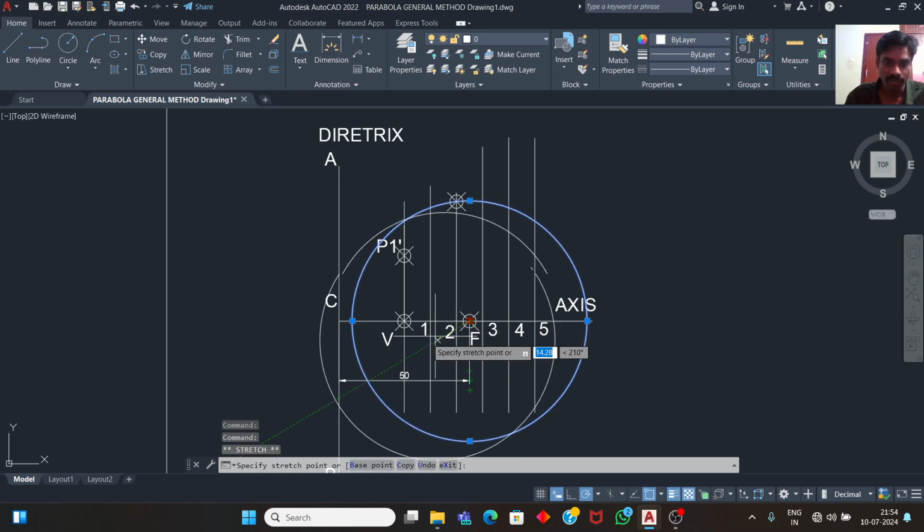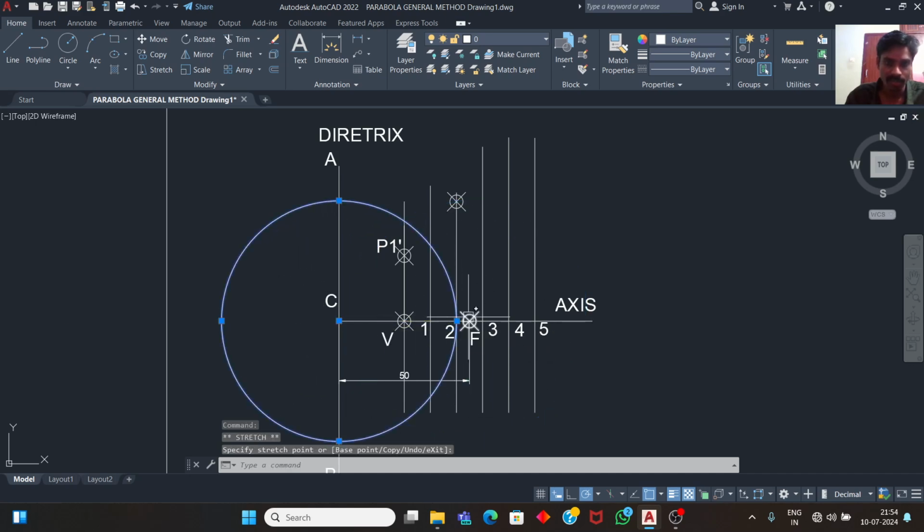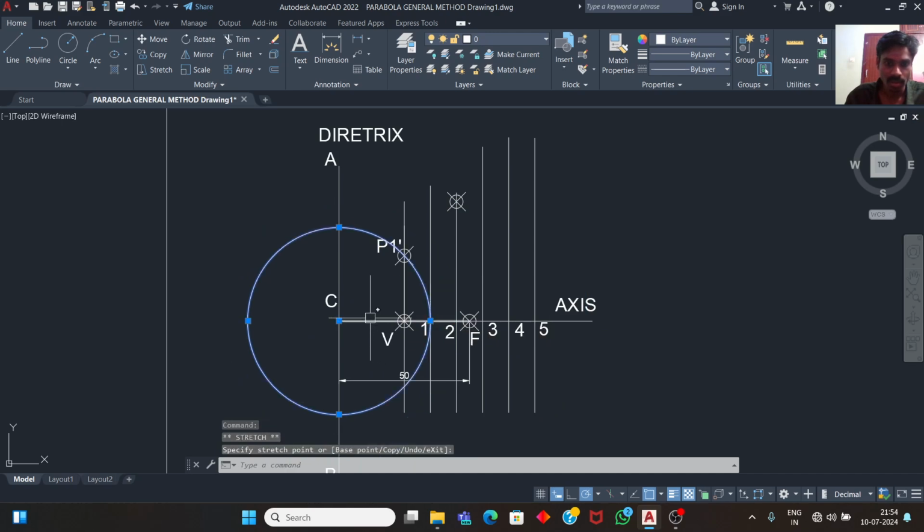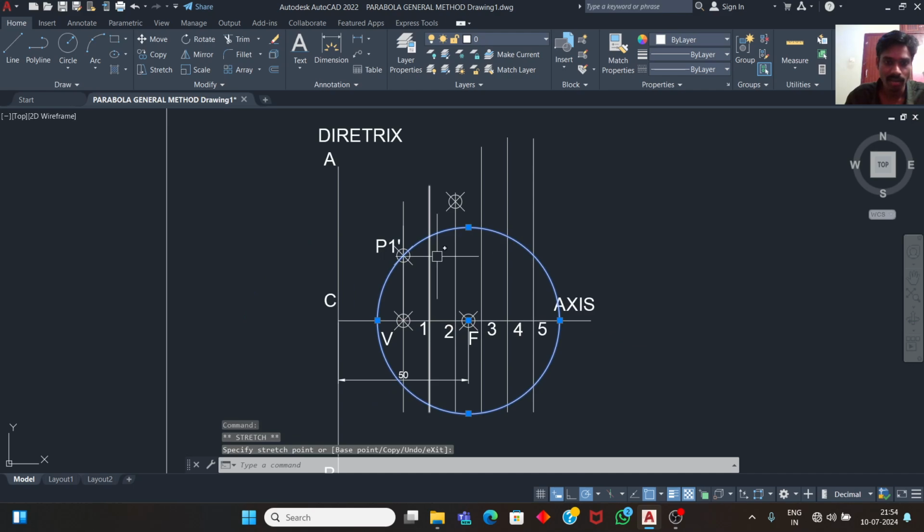So I have made a mistake for the first point. C to 1 as the radius, F as the center, mark the point on the first line only. So be careful while marking the points. No need to mark on the vertex perpendicular line.